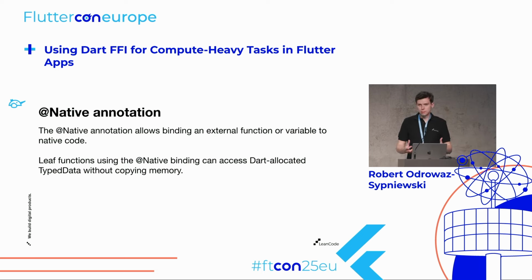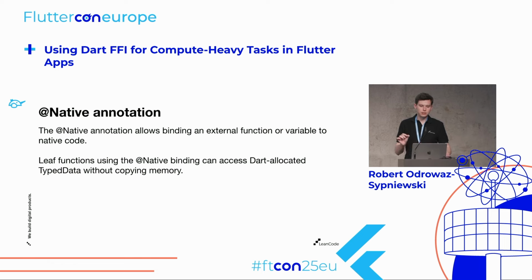So we can more easily bind the native function to a function in Dart that we can actually call, but that's just convenience. But also, with the Native annotation, a leaf function is a function that is supposed to be short-lived, and it cannot interact with the Dart runtime, so we cannot call back from this function into Dart. And if those assumptions are true, one thing is that Dart can skip some additional checks during the call, which makes it slightly more performant.